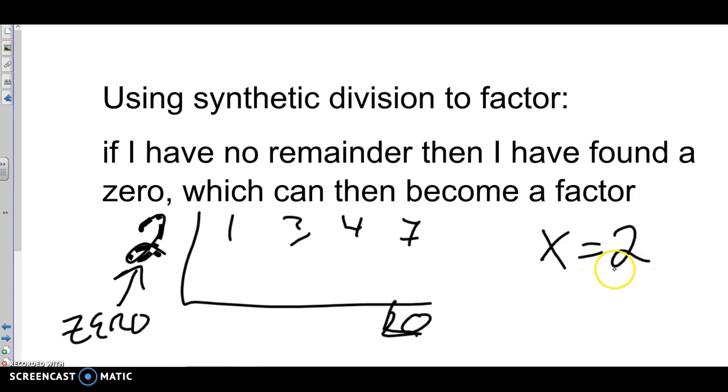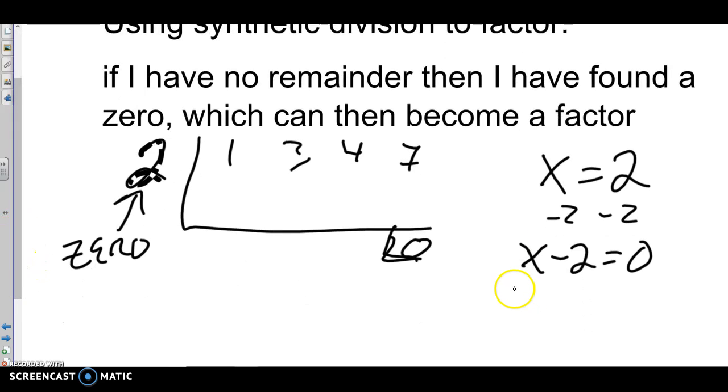So to create the factor, I have to make this equal to 0 by subtracting 2 from each side, which means that this x minus 2 is a factor of this polynomial.